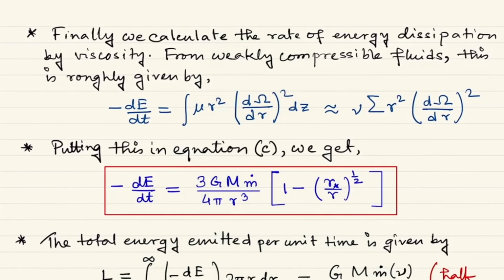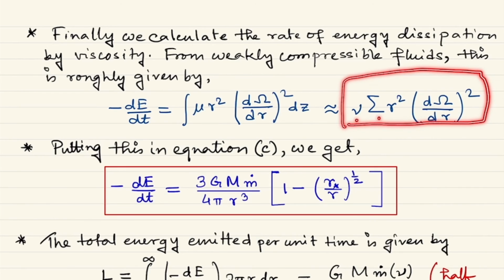Here we calculate the rate of energy dissipation by viscosity. For a weakly compressible fluid, analytically one can show roughly that the rate at which energy is dissipated from a fluid by virtue of its viscosity is given by minus dE dt, which is equal to the integral of mu R squared (d omega dR) whole squared dz, and that is roughly equal, for our case, to nu times sigma R squared (d omega dR) whole squared.